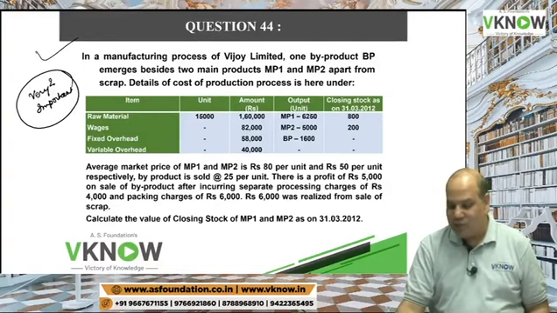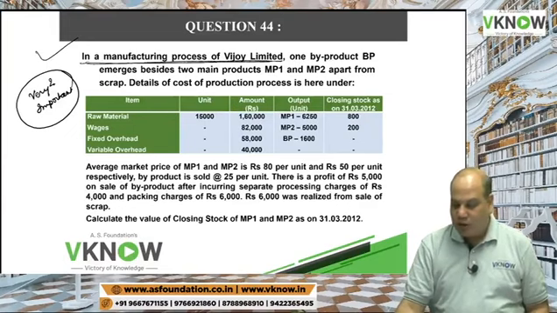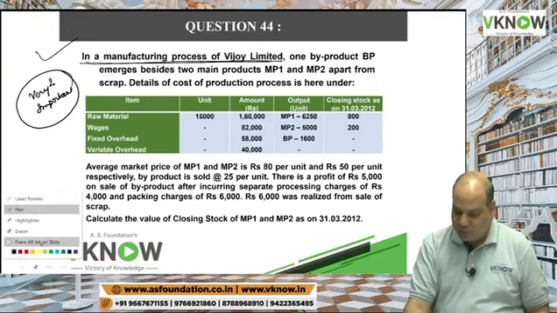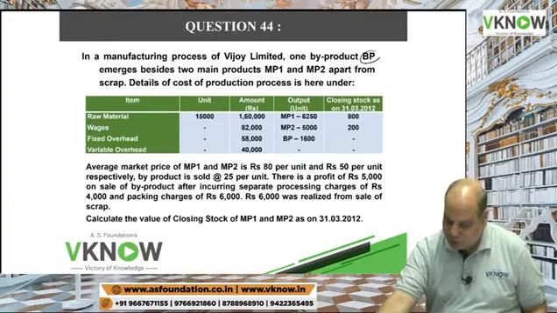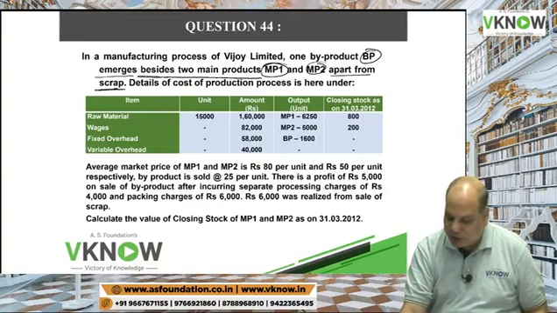Question number 44, or find this question in your notes wherever it is near 44. In a manufacturing process of Vijay Limited, one byproduct BP emerges, besides two main products MP1 and MP2, apart from the scrap.